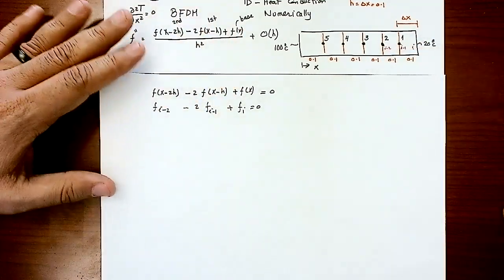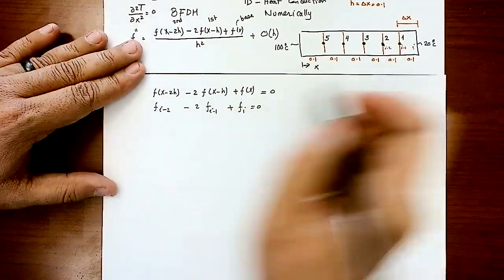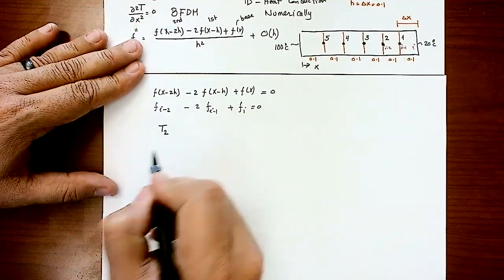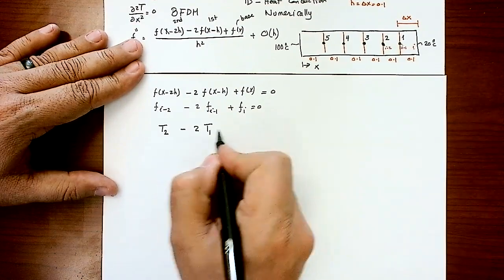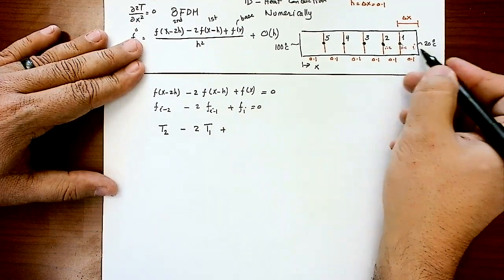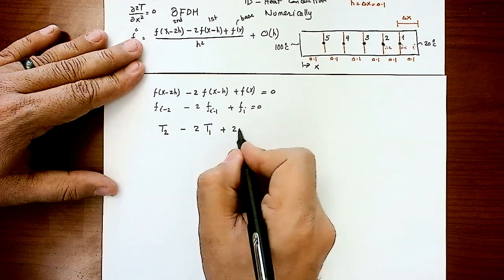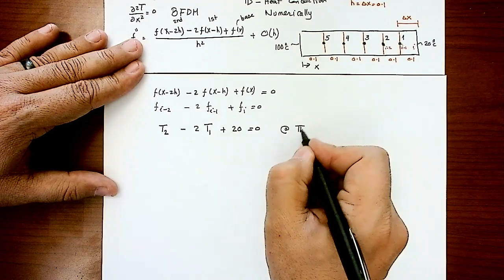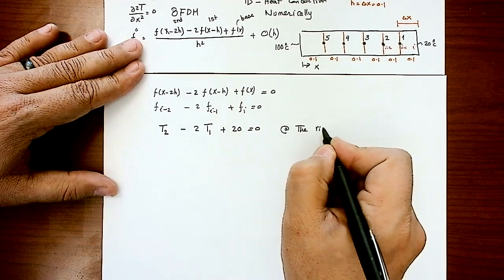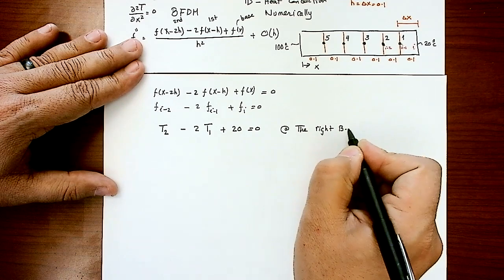So all you need to do is replace i minus 2, which will be the temperature at node number 2, minus 2 times the temperature at node number 1, plus the temperature at the base point, which is 20 degrees, equals 0. So this is at the right boundary condition.